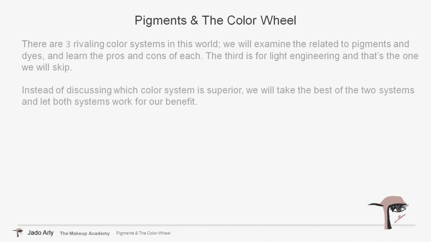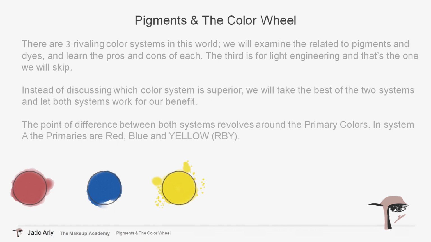So for the 2 systems that we're going to discuss, they're rivaling color systems because one system claims their primaries as red, blue, and yellow, while the other system claims red and blue as a secondary color. So you see what I mean by rivaling. Nonetheless, let's take a look.